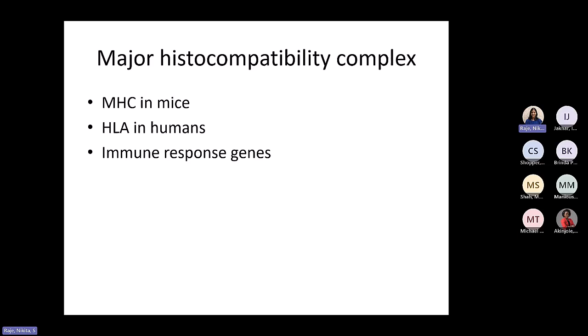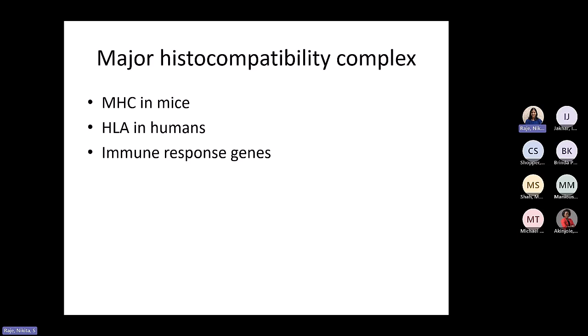Now the genes that were responsible for making these antigens, HLA, were found to be similar to the genes that were responsible for major histocompatibility. So it was realized that it was the same genes and there were two different names given.